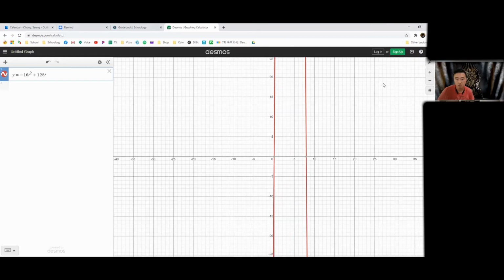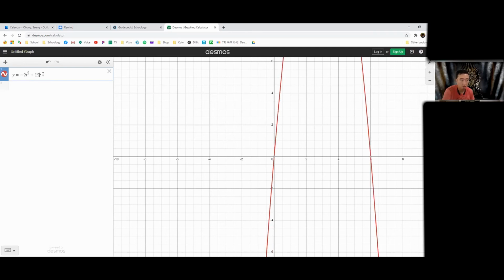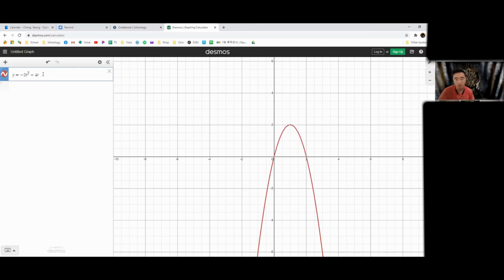Okay, let's make this easier so that you can see it. Let's pretend that this is something not as difficult. Let's go with 2 and 4. So you see how that's the graph right there, right?